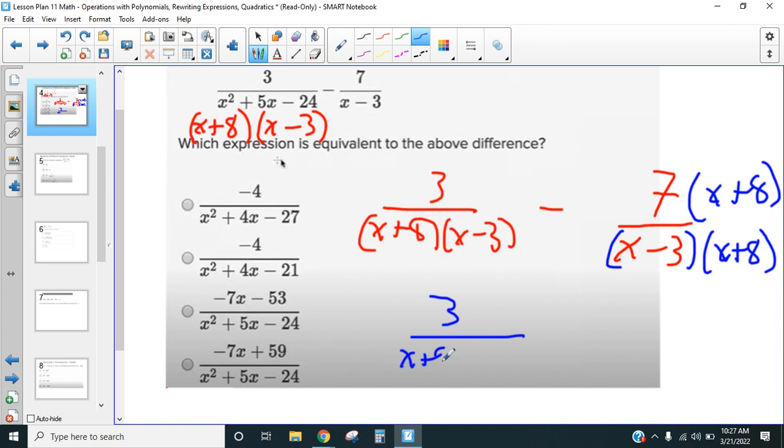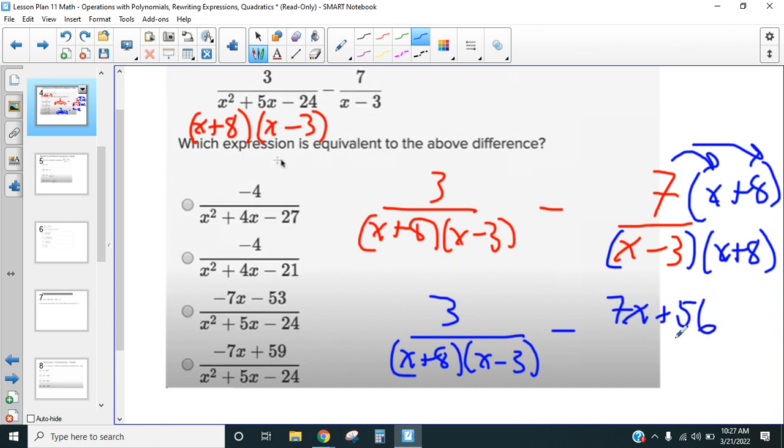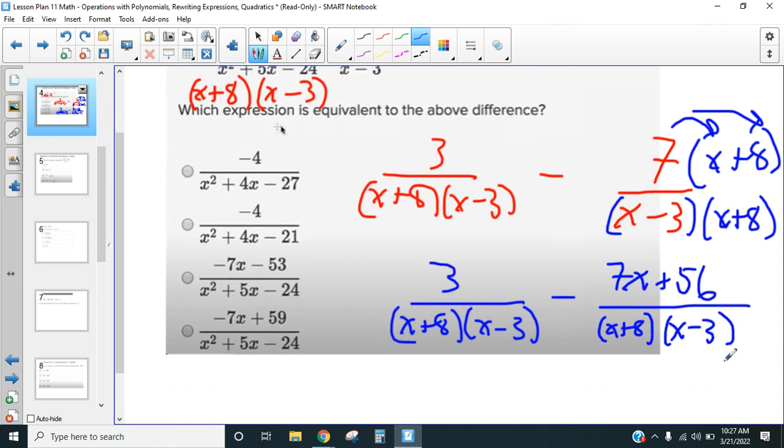We already have this over here. I'm going to leave it the same. Minus, and then I'm going to distribute this 7. The same denominator, right?